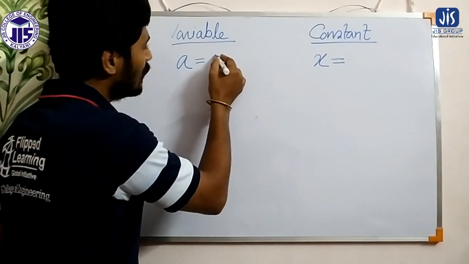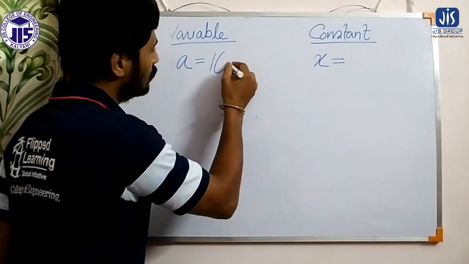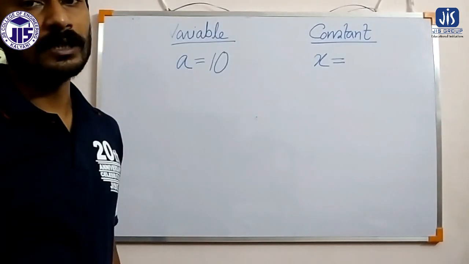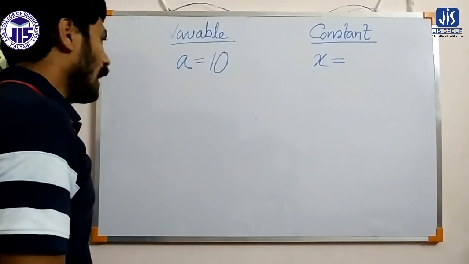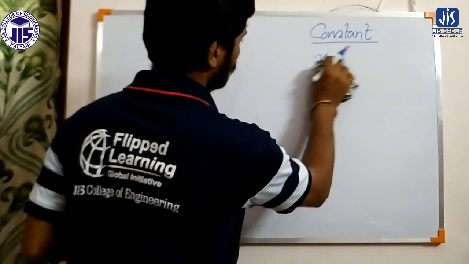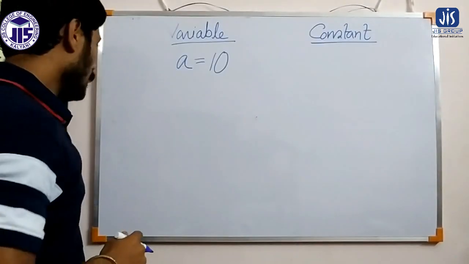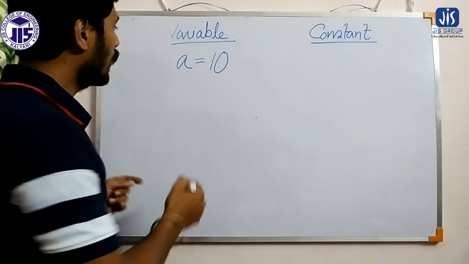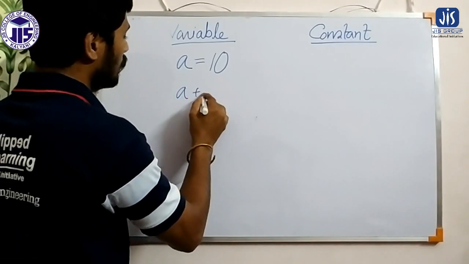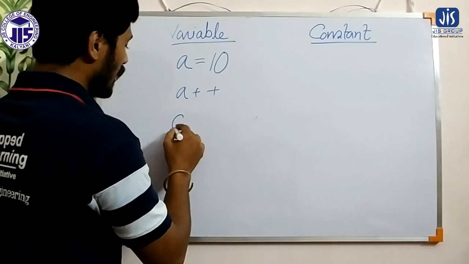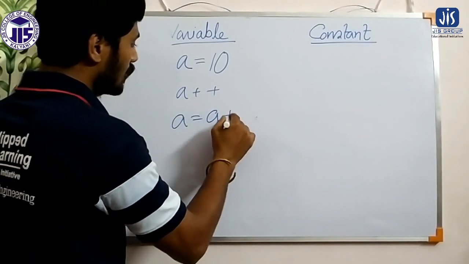If I assign a value into the a variable, and if we perform any operation on this, for example, we may perform a plus plus, or a equal to a plus 10.